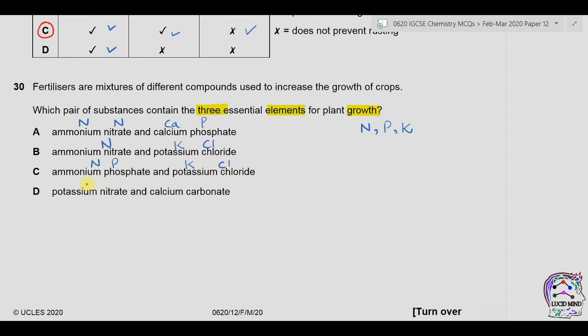D is potassium nitrate, so we have potassium, nitrogen, calcium and carbonates. As in fertilizers we only have nitrogen, phosphorus and potassium, so therefore option C is correct as it contains nitrogen, phosphorus and potassium.